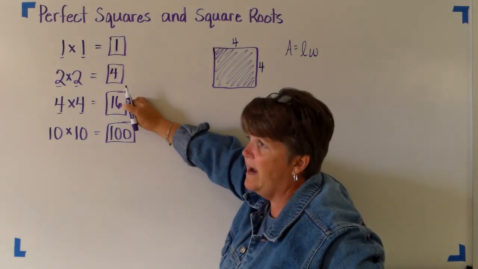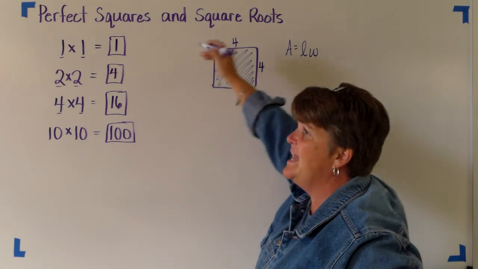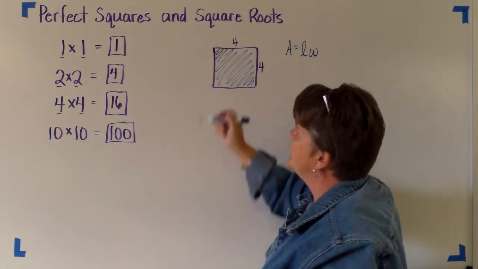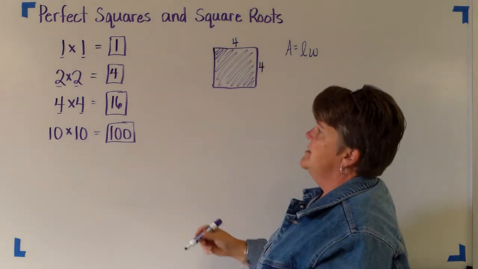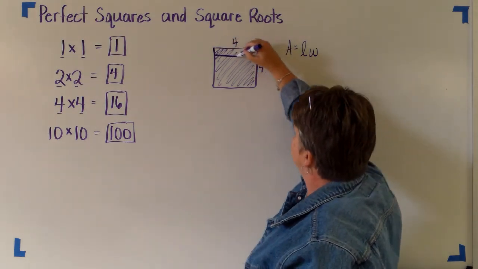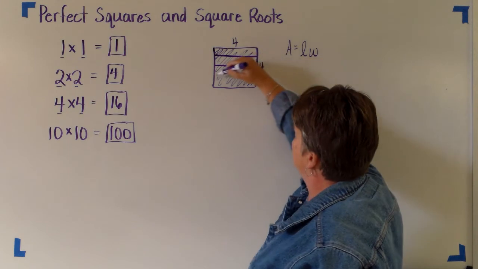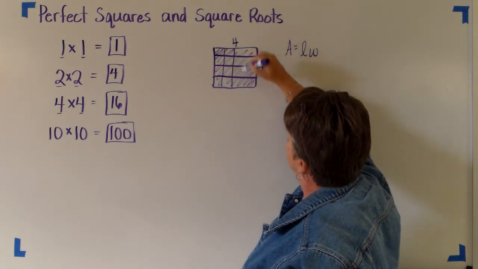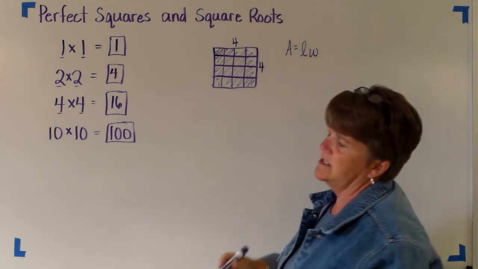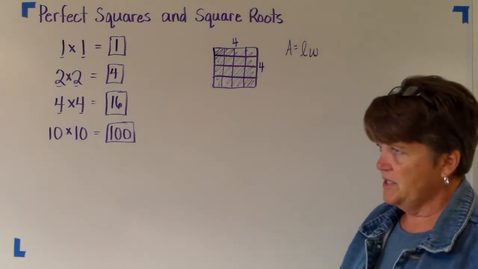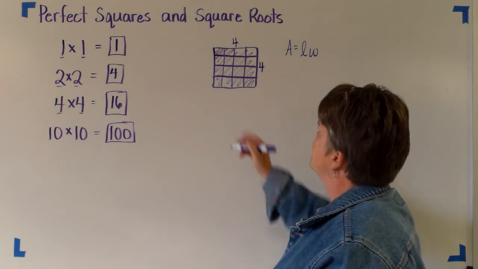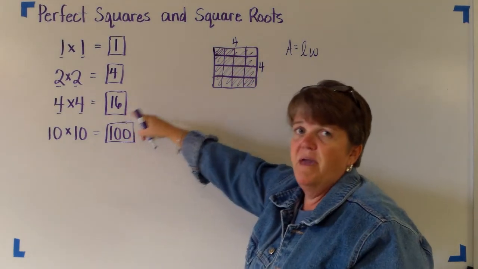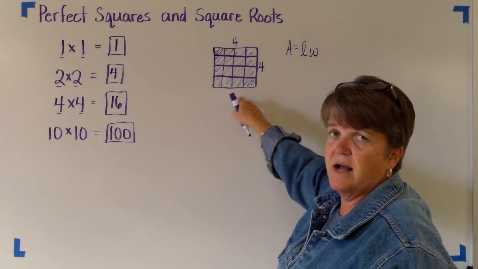A perfect square can be made into a geometric square if you fit the pieces together. So if I had, say, a 4x4 picture, and I made it up of little tiny blocks, and we're actually going to do this on Monday, so you actually get to build some of these geometric squares from perfect squares, there would be 16 little boxes making up this 4x4 box.